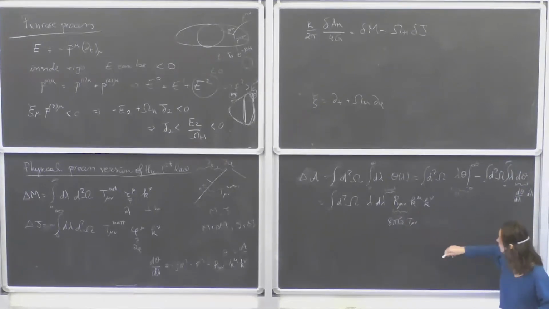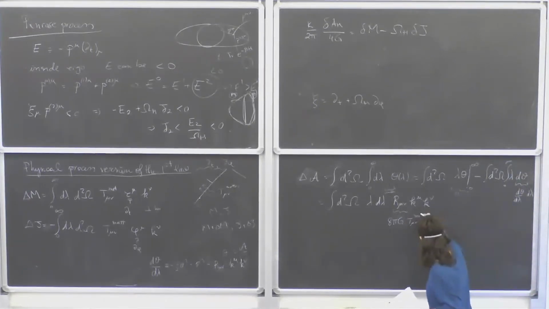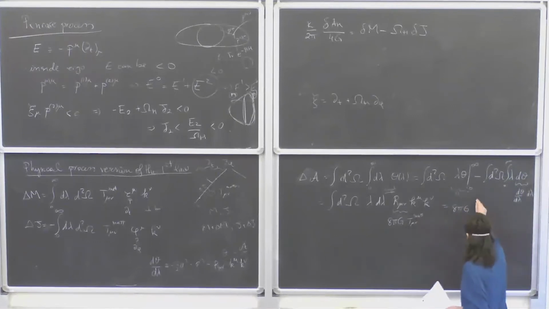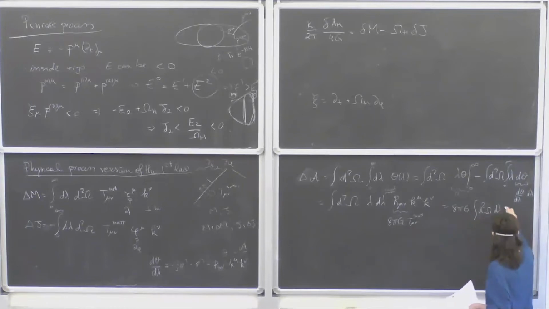So we just forget it. T mu nu matter. Okay, so the whole thing is 8 pi G integral of d squared omega d lambda T mu nu matter times lambda k mu times k nu.